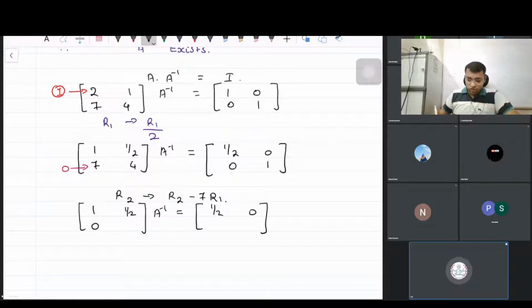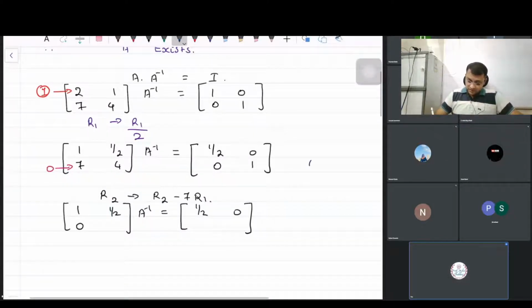Now down here 0 has to come anyway, so we are not worried about that. Let us see the second element. The second element over here is actually 4. So it is 4 minus 7 into 1 by 2. If I take LCM, 8 minus 7 upon 2, that is going to be equal to now 1 by 2.